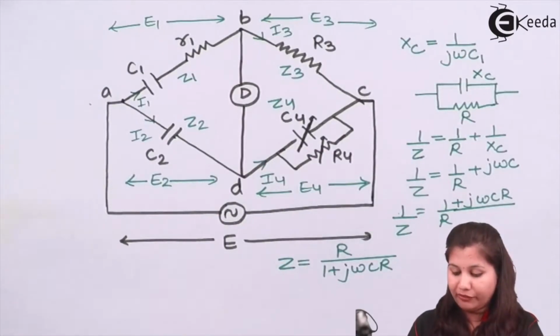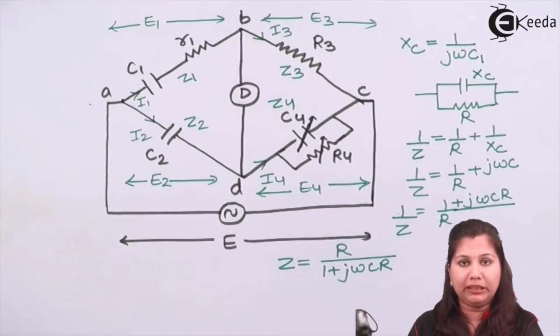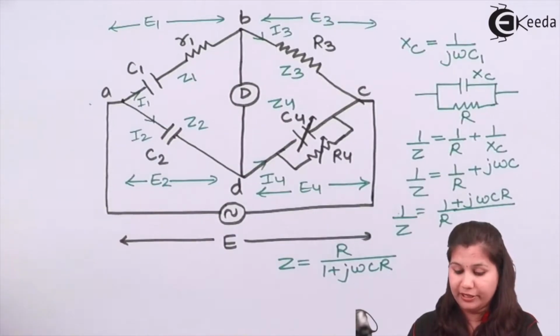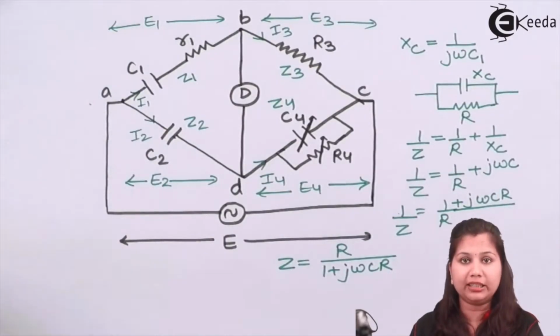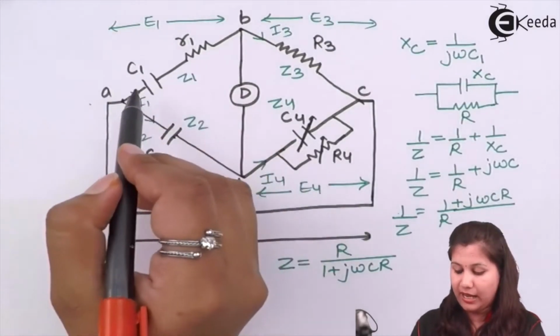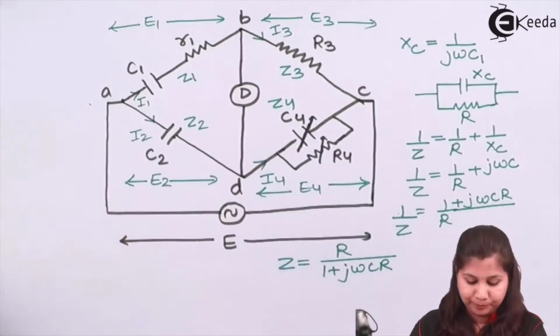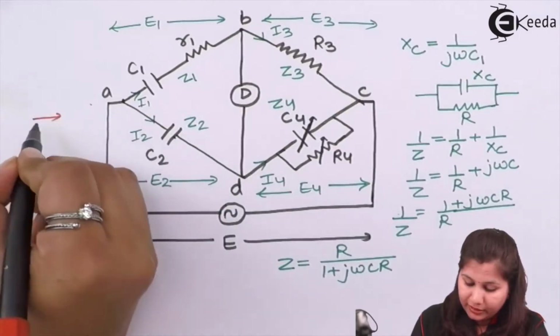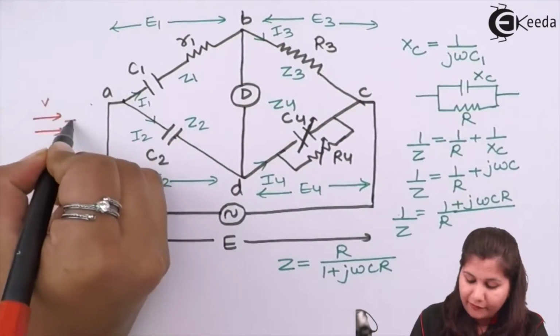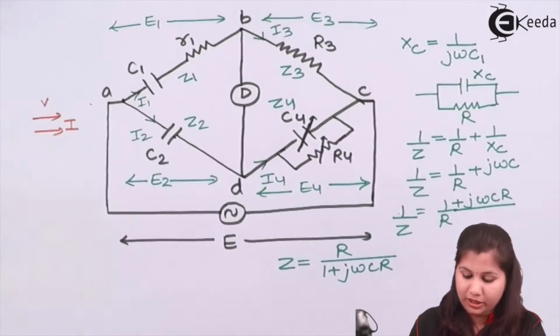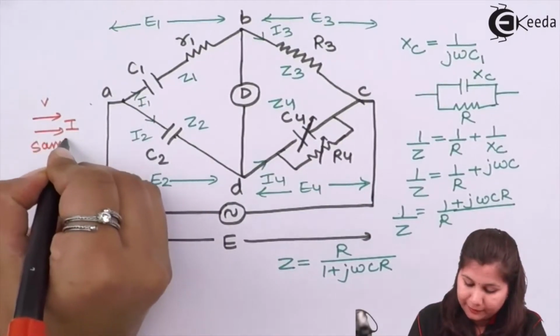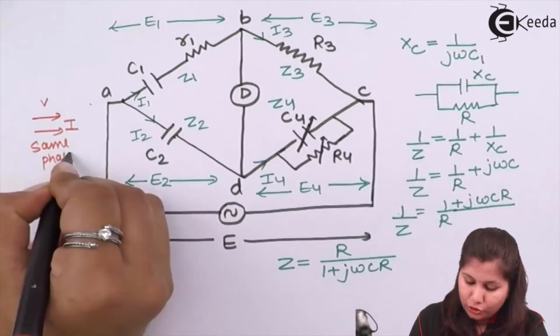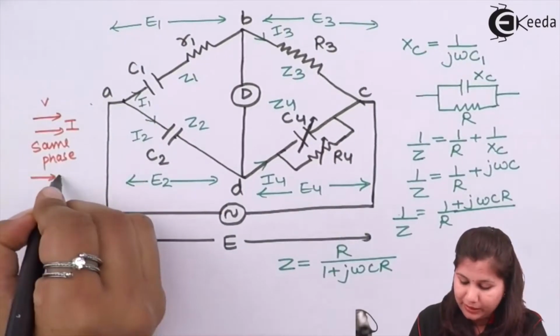So before drawing the phasor diagram, one concept should be clear to you, that is the relationship between the voltage and current across a resistor and across a capacitor. Now across a resistor, the voltage and the current are in phase with each other. Okay, they are in the same phase. So they will be drawn on the same line.